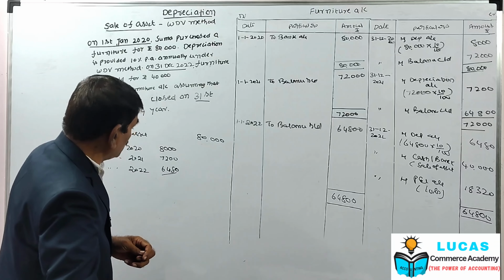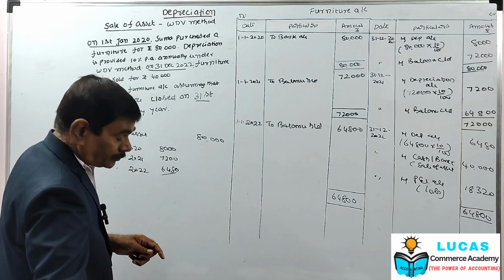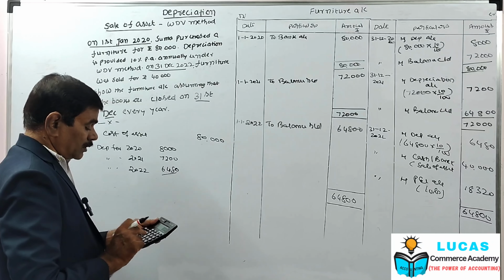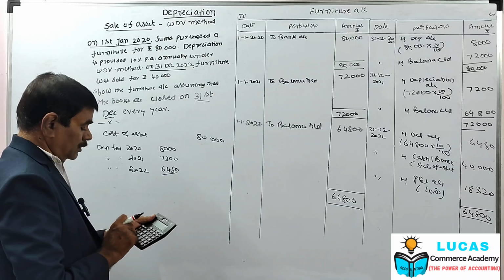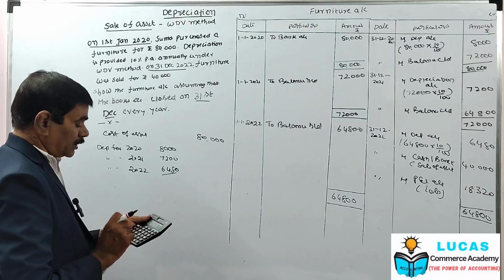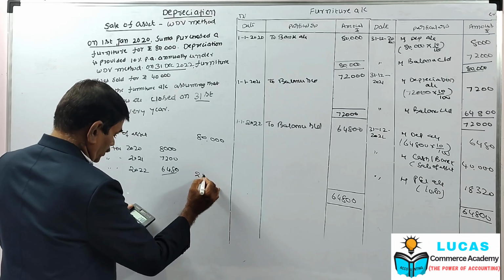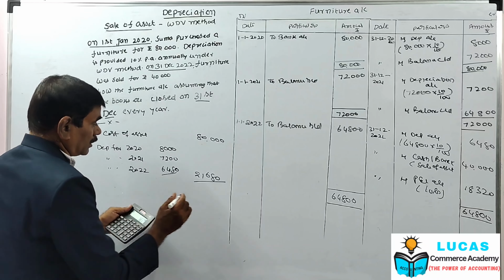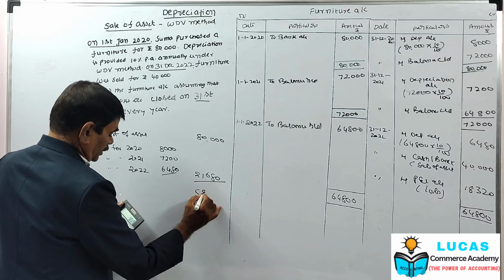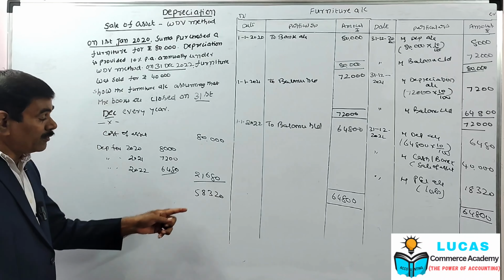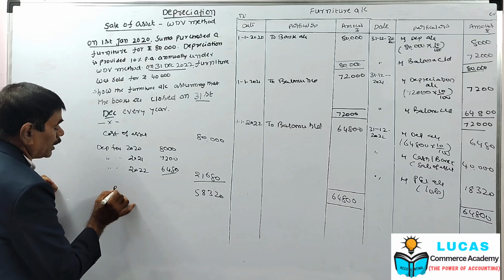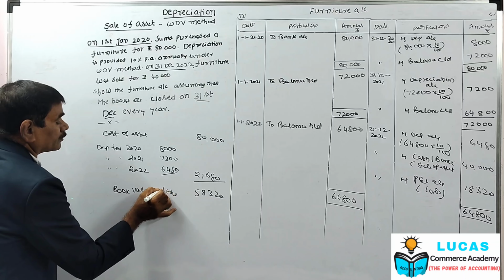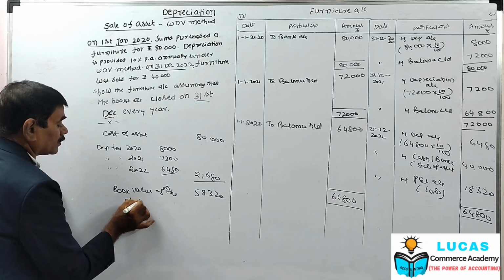Now the total depreciation is 8,000 plus 7,200 plus 6,480, that means 21,680. So the balance from 80,000 is 58,320. This is the value just before sale, or book value as on the date of sale.